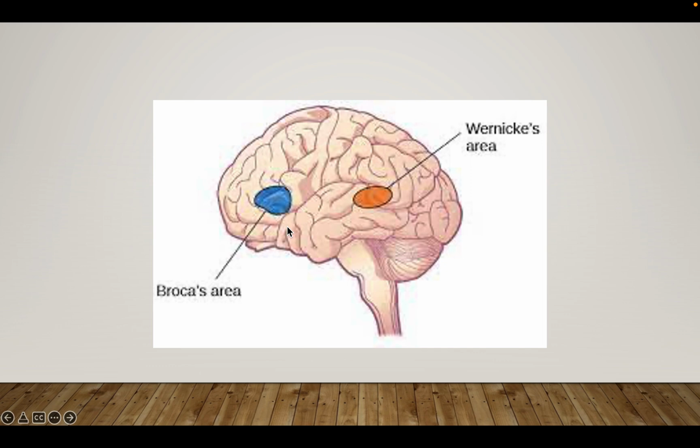And if you have a stroke of sorts, whether it's an embolic stroke or a hemorrhagic stroke, and you lose blood supply to this part of the brain, this Broca's area, what may happen? What type of symptoms, what type of deficits would you see in a patient who maybe had a stroke in that middle cerebral artery that's supplying some blood to this Broca's area?